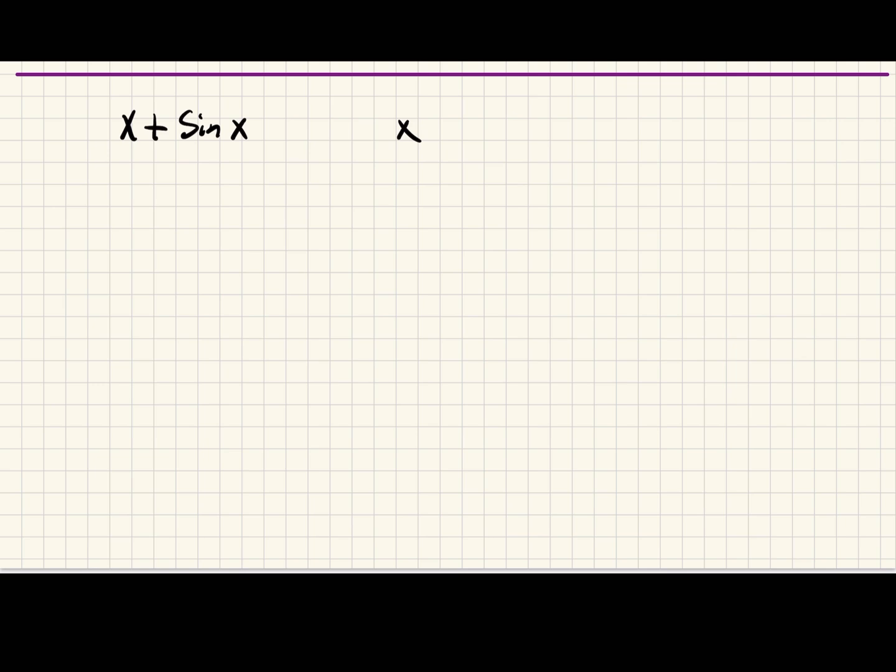Because what's sine x doing? It's oscillating, isn't it? So it's adding some and then subtracting some, and then adding some and then subtracting some. So let's think about the quotient, x plus sine x over x.